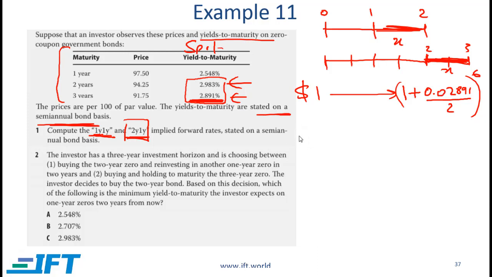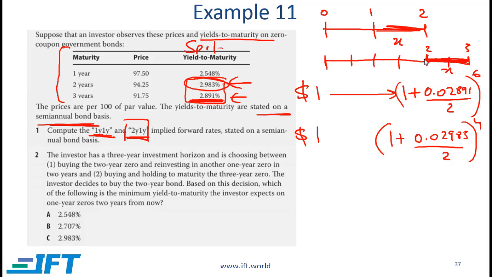How much will $1 become at the end of 2 years? It will become 1 plus, and then you take this rate, 0.02983 over 2, and then this to the power of 4. This is how much you will have at the end of 2 years.